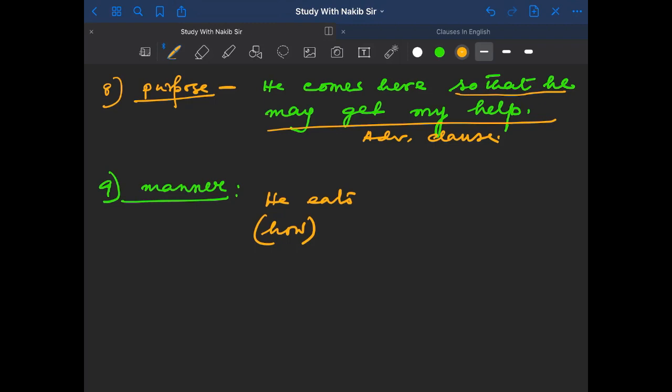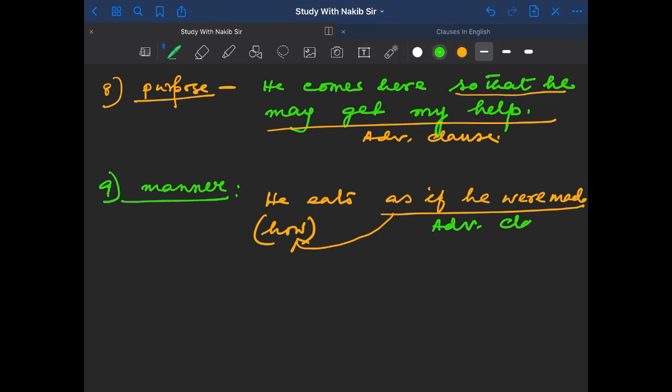He eats as if he were mad. As if he were mad is the answer to the question with how. How does he eat? He eats as if he were mad. This is an adverb clause expressing manner. And the rest one is the principal clause.